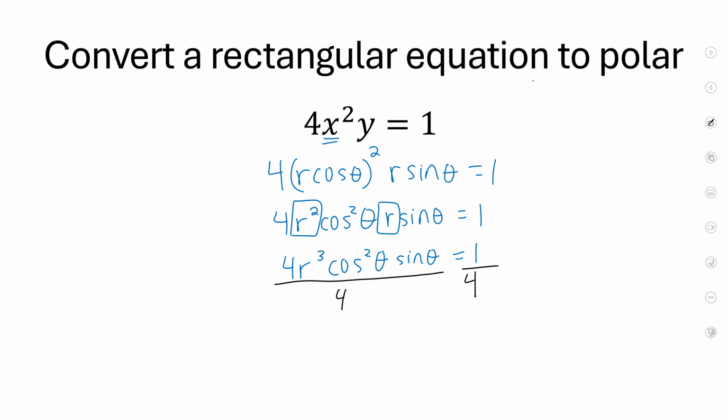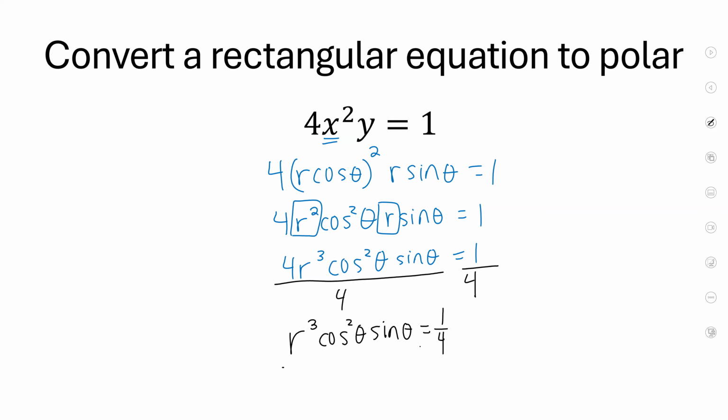So I have r cubed cosine squared theta sine theta equals 1/4. Good. So you were supposed to just divide by cosine squared theta and sine theta. Those cancel. And same thing, it comes over here. Cosine squared theta, sine theta.